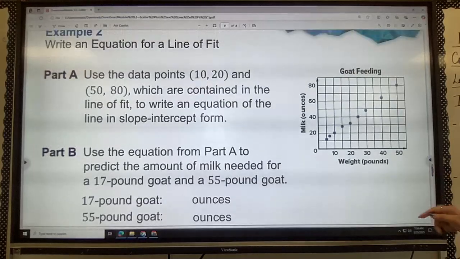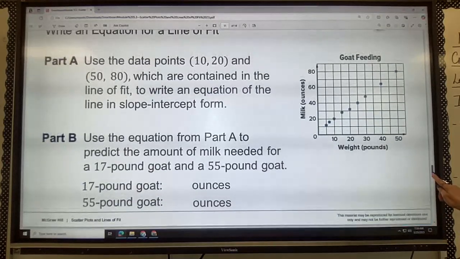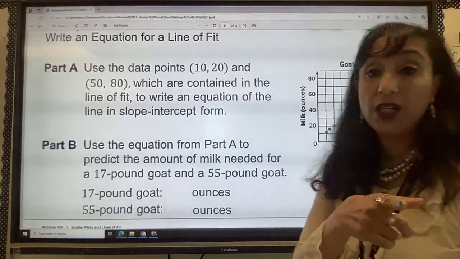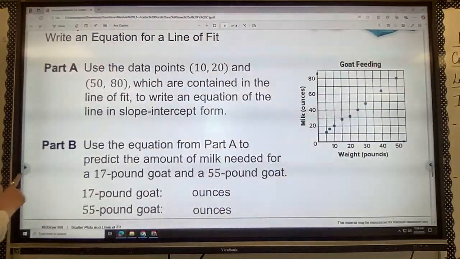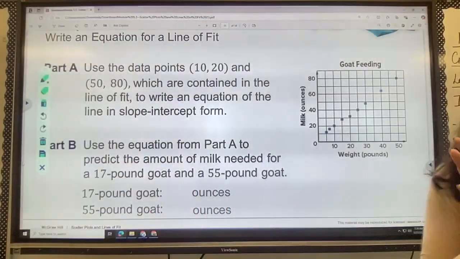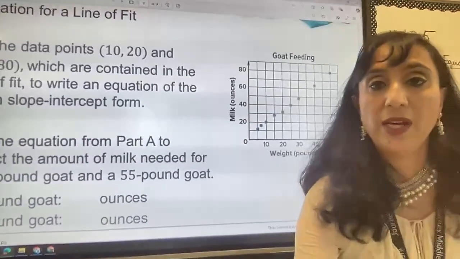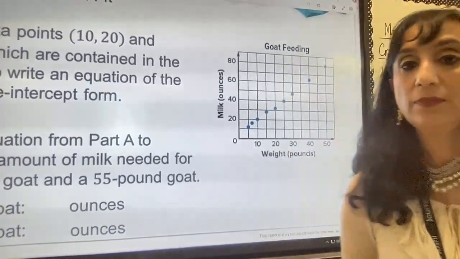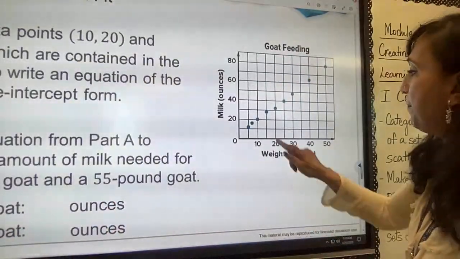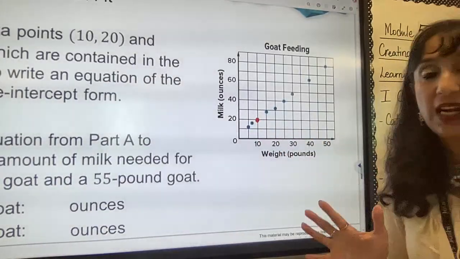Now, let's look at this. What I'm going to do over here is take what I was talking about earlier. I want to take a point on the graph which is completely in sync with the grid, so it becomes very easy for me to see.